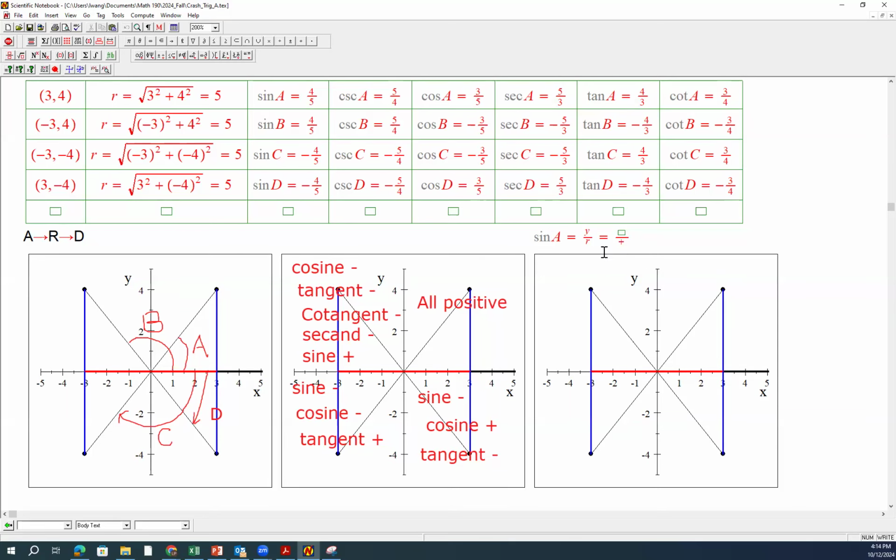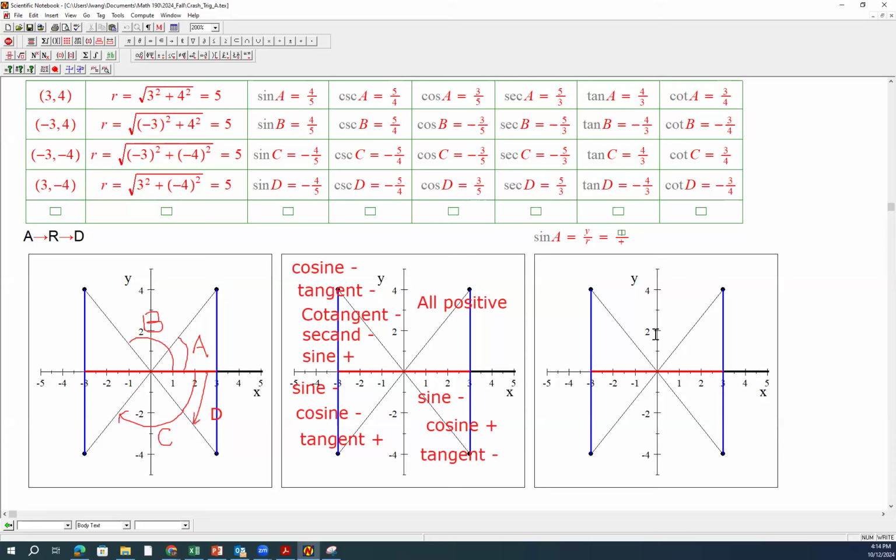So if y is positive, sine of A is positive. If y is negative, sine of A is going to be negative. And where is y positive? Well, in the first and second quadrant. In the third and fourth quadrant, y is negative.